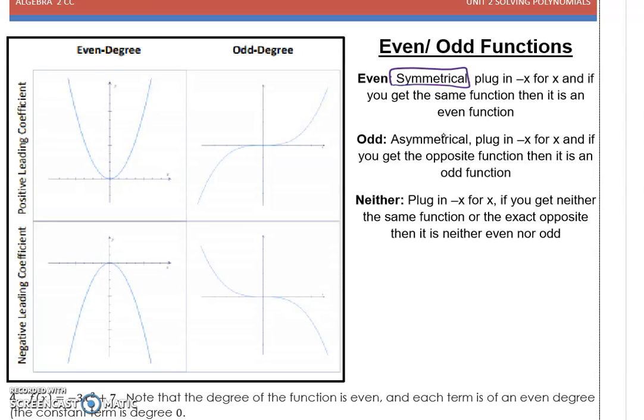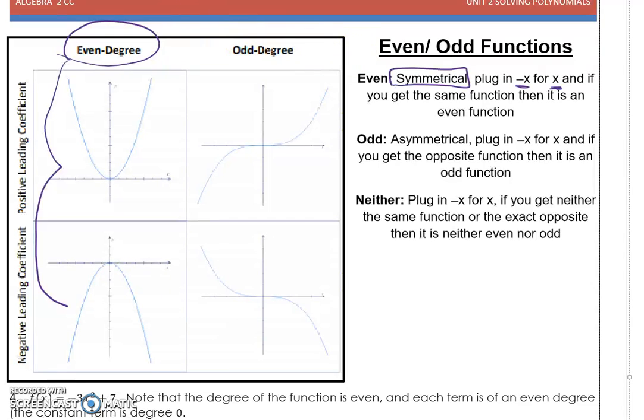So in this case, this column here with both of these examples are even because they are symmetrical around the y-axis in this case. And if we were to substitute in negative x and a positive x into the equation, we would get the same equation after.